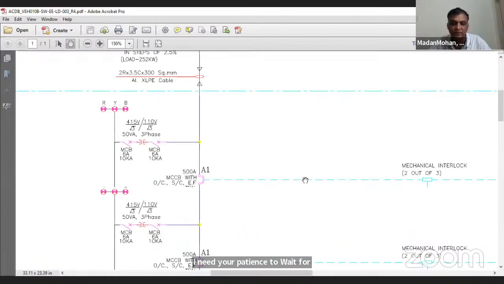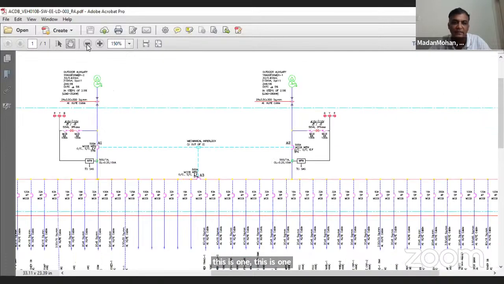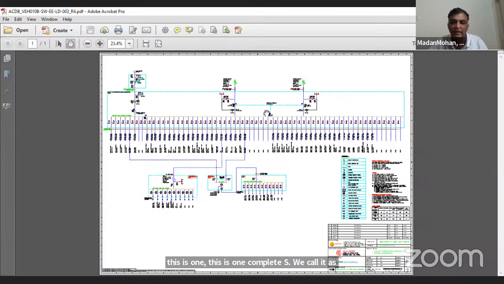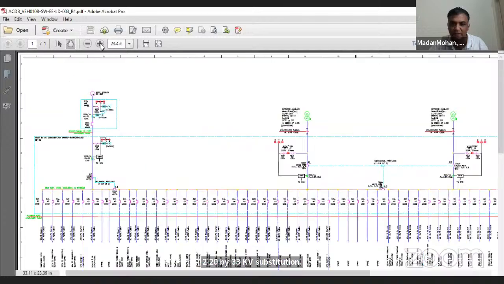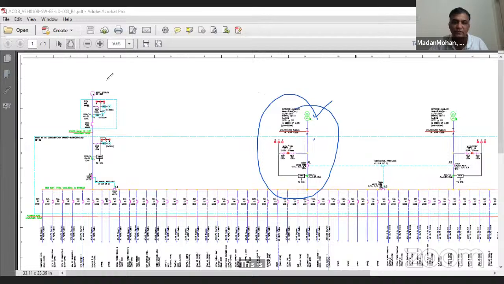Guys, see here, this is one complete SLD. We call it a single line diagram, of the ACDB, AC distribution board, of a 220 by 33 kV substation. In the 220 by 33 kV substation, this is an incoming feeder, this is a transformer, and this is a DG, diesel generator. This is transformer one, and here this is transformer two.